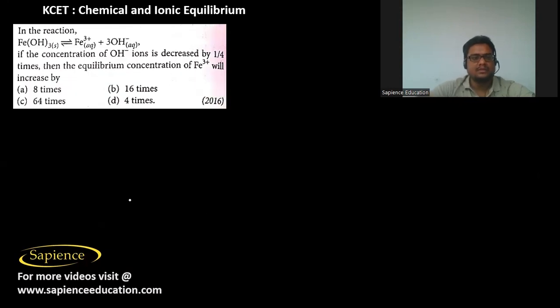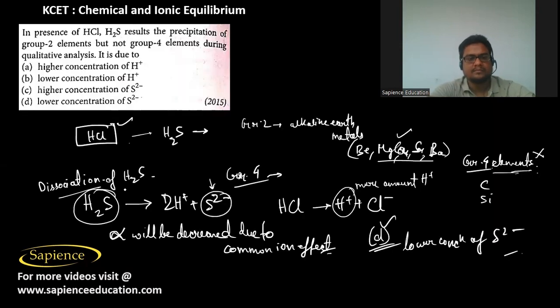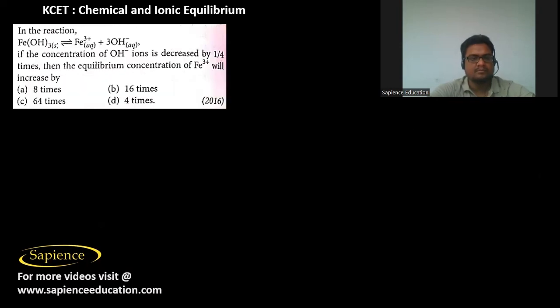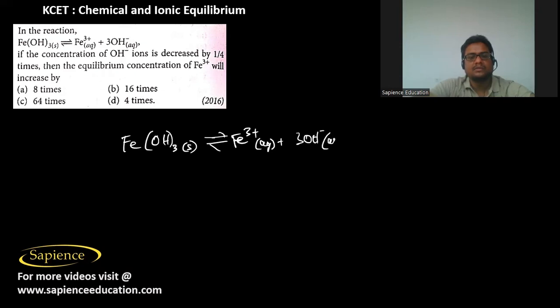And here it is told, in the reaction Fe(OH)3, the ferric hydroxide solid gives the ferric ion Fe3 plus in the aqueous solution plus 3 hydroxide ions in the aqueous solution.